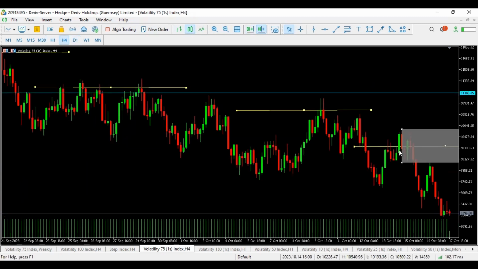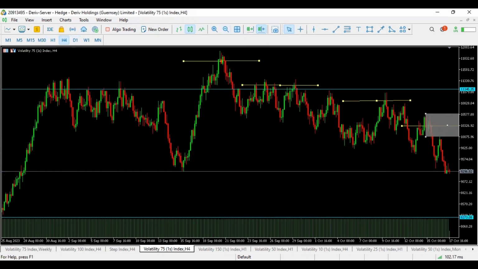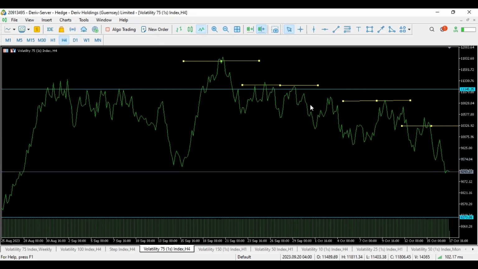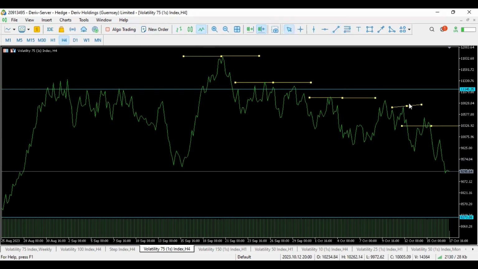So on the H4, let me remove this. If I switch to the line graph, we had this high over here. Yes, true. Had a lower high over here. There's this lower high over here actually on the H4. And then lower high. Lower high over here. Lower high over here.